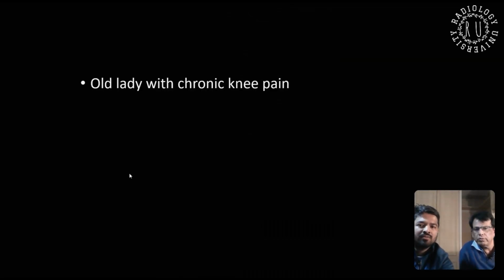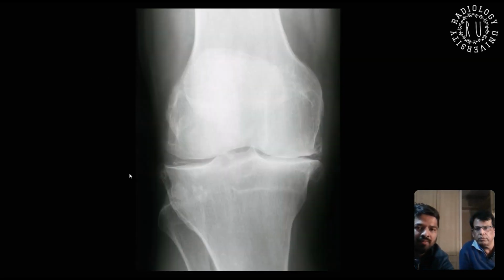This is an old lady who presents with chronic knee pain. Okay, so again we have a single view frontal radiograph of a knee in an adult patient. I could see there is loss of joint space bilaterally, on both the medial and lateral aspects.